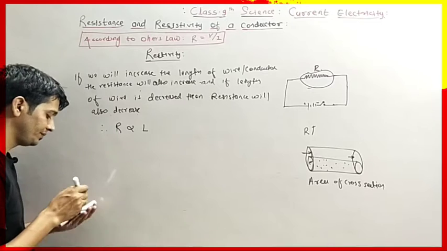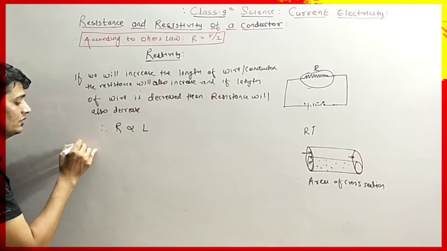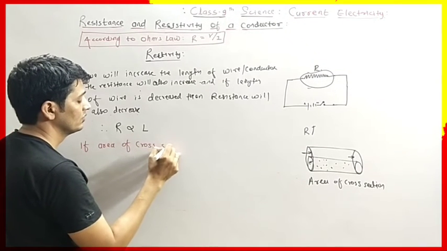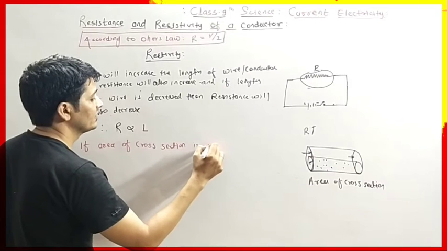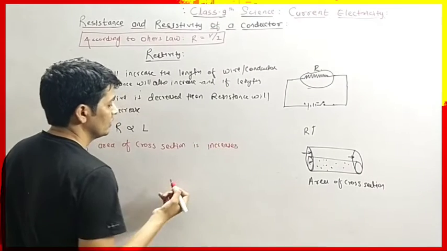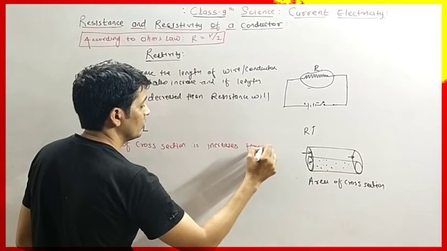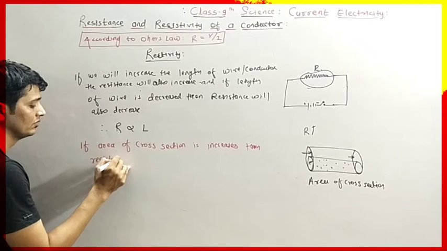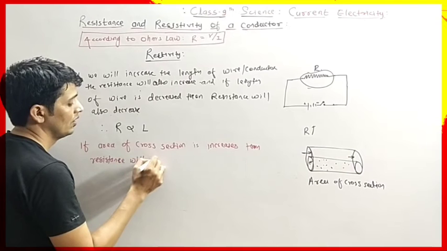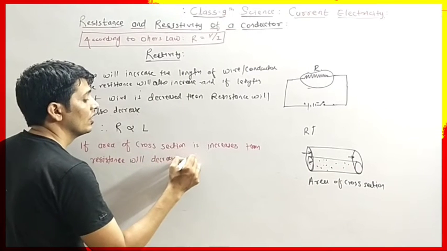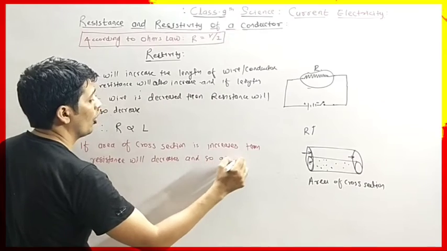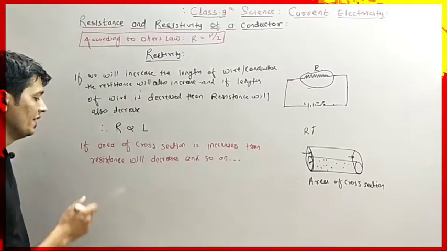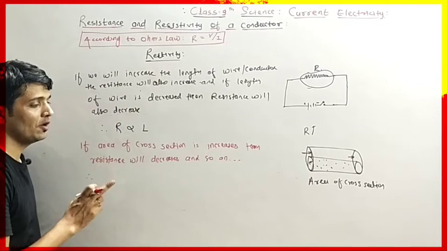Now, second part. If the area of cross section increases, then resistance decreases, and if we decrease the area of cross section, then resistance increases. Therefore it is an inverse relation between area of cross section and resistance.